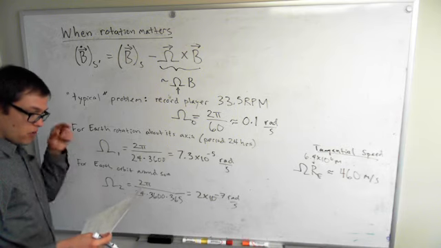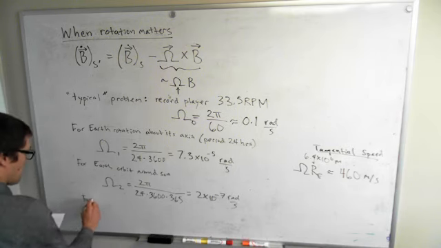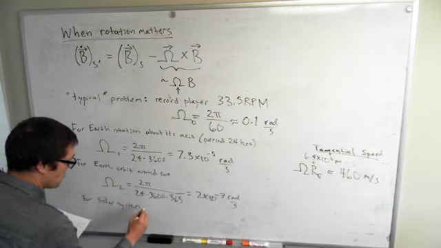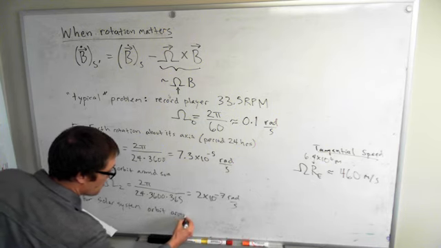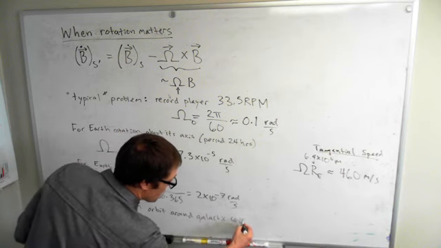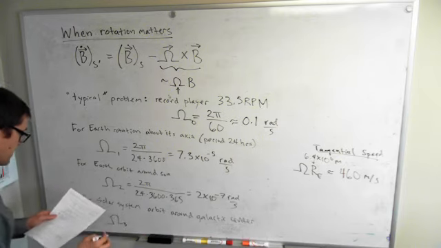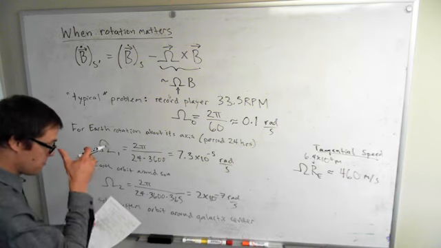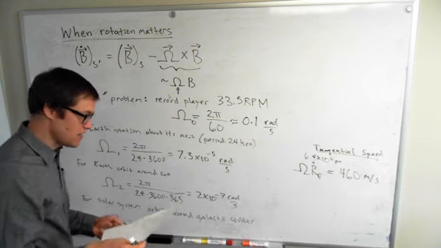Similarly, for the solar system orbiting around the center of the galaxy, let's say omega 3, the orbital period for that motion is 2.3 times 10 to the 8 years.